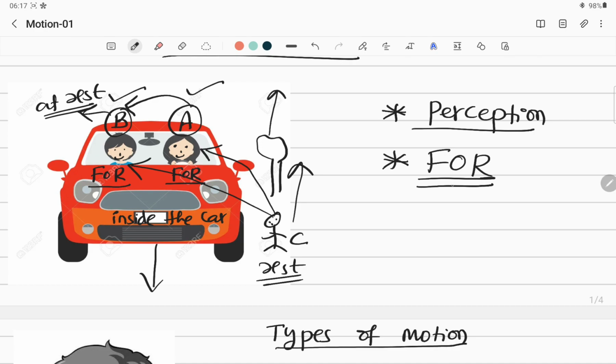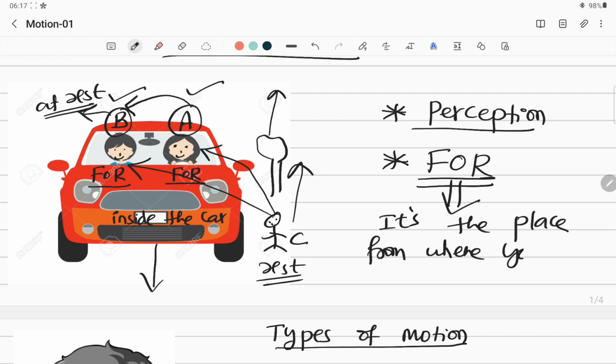What do you mean by frame of reference? It's the place from where you are observing the motion. From where you are seeing the motion, whether you are seeing it from inside the car or outside the car. When you see from inside the car moving forward, you feel that the tree is going backward.